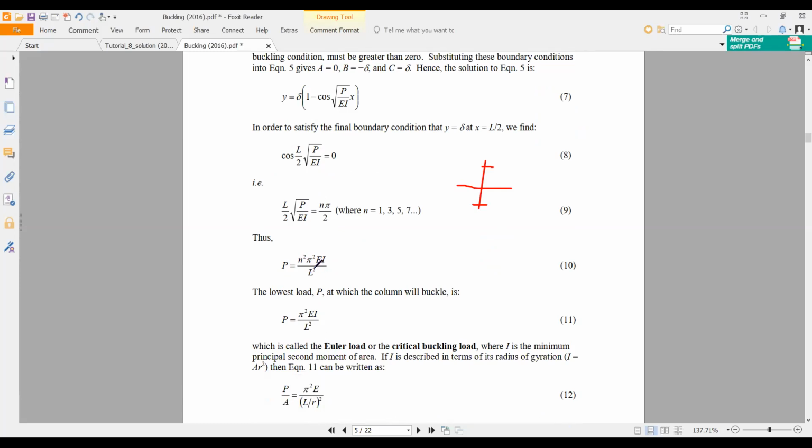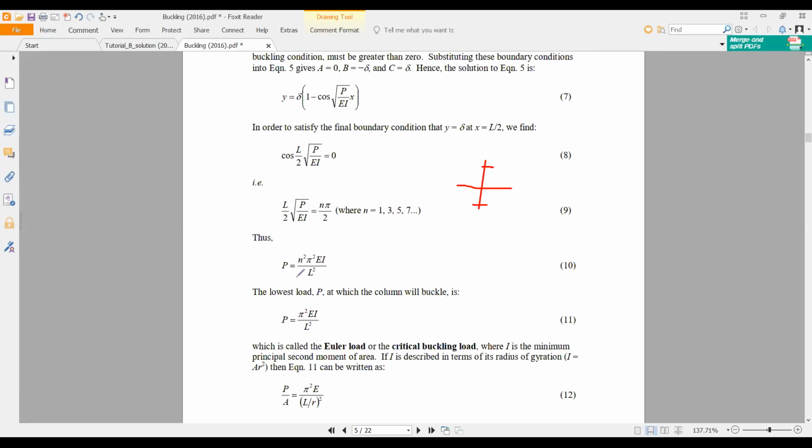So you can see here the cross section and length of the column and the buckling load are the parameters. The E is material property. So if material is constant, we don't worry with the material, the E value. E will be the constant value.